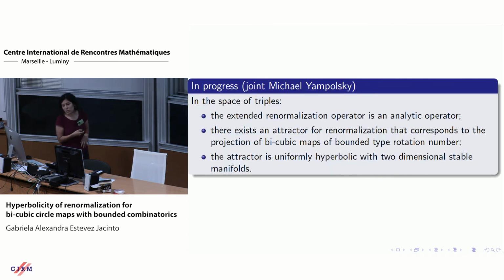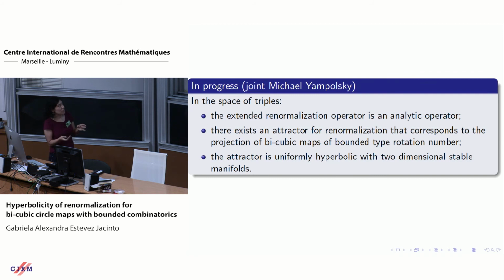What we are working on is exactly to show that in that space of triplets, first we need to extend the renormalization operator, and not only extend it, but extend it in a way that is analytic. We need to differentiate it.